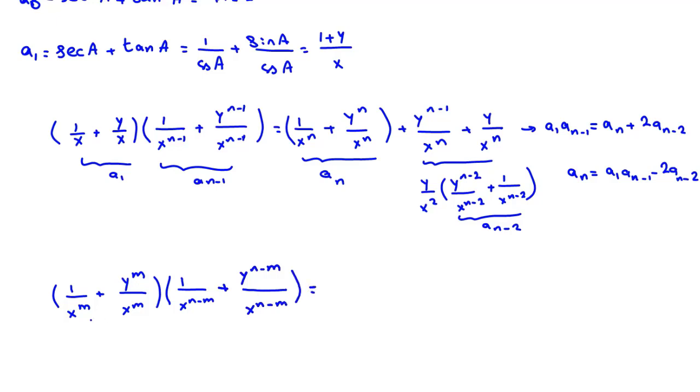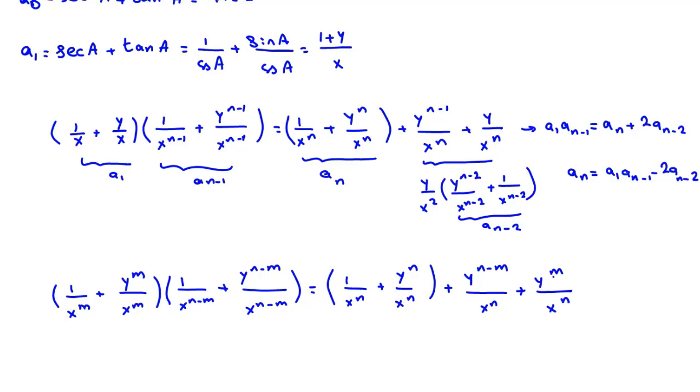So if we multiply first plus second, it will be 1 over x^n plus y^n over x^n, plus first one times second one will be y^(n-m) over x^n, second one times first one, y^m over x^n.